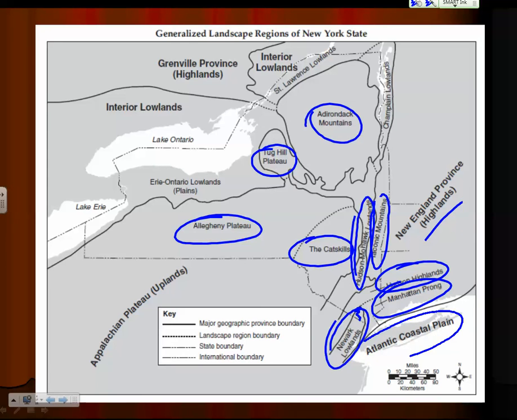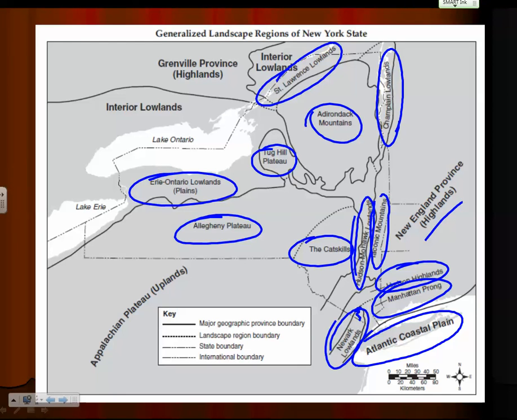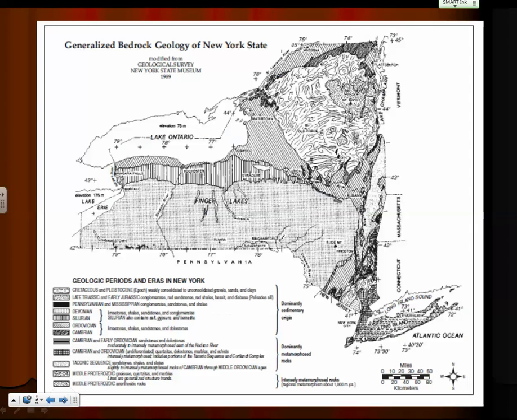The Atlantic Coastal Plain, Long Island, is in there. And we can't forget the Erie, Ontario Lowlands over in western New York, and the St. Lawrence Lowlands up in northern New York, and the Champlain Lowlands on the border with Vermont. So we got all kinds of landscape regions in New York. It's a very interesting state in that respect.